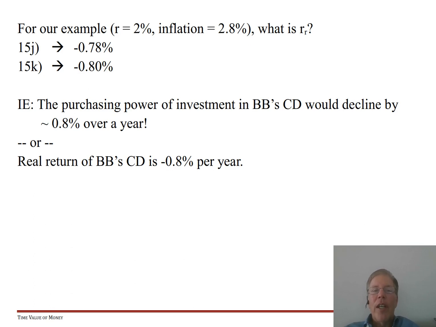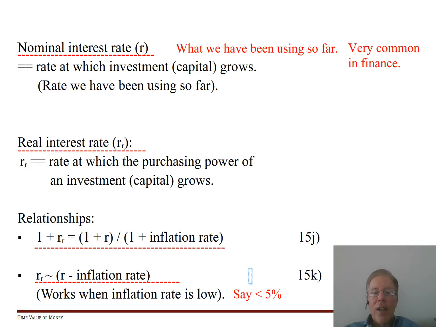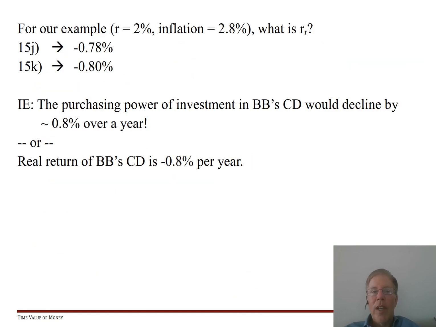And if we plug in the fancy formula, we know the inflation rate is 2.8%, we know R is 2%, we can do this math and work it out. We solve for RR, the real rate, and we get minus 0.78.